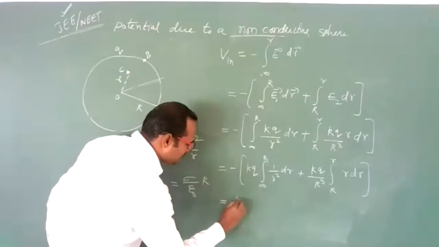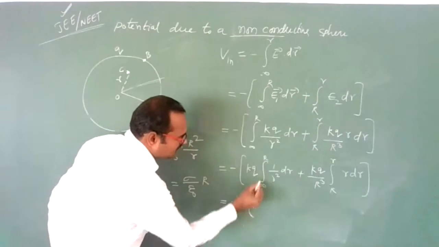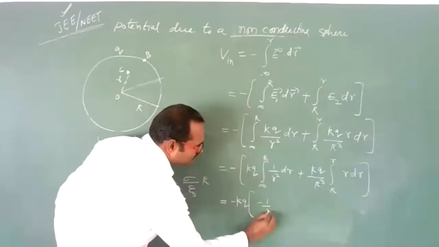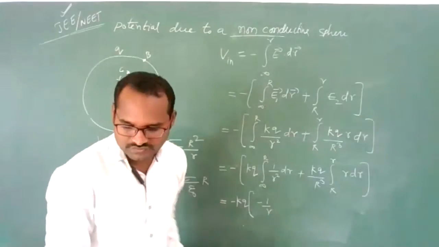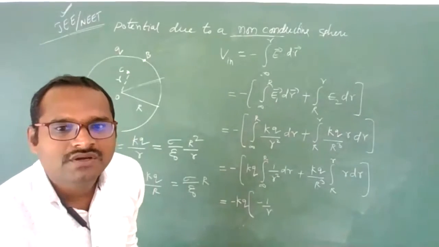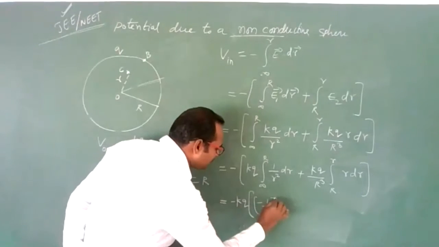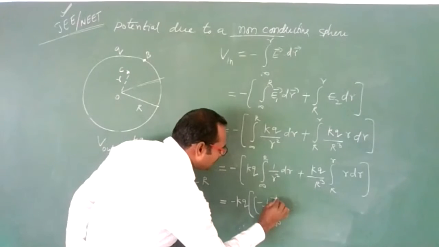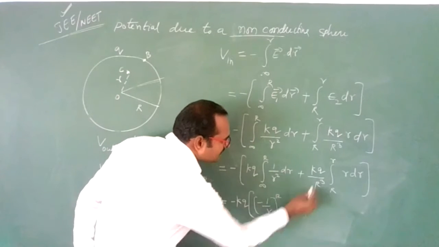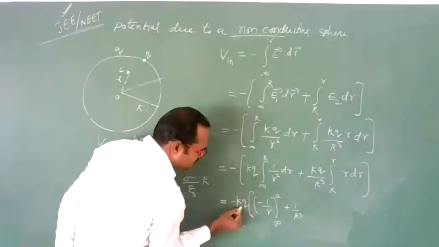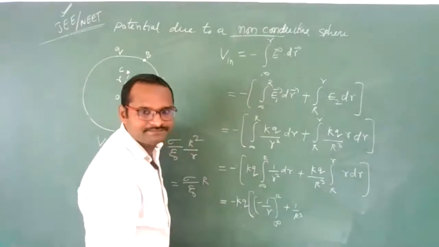Yes, minus KQ. Integration of 1 by r square dr is minus 1 by r, as you know, and these limits are from infinity to capital R. Plus, here 1 by r cube is there still, because KQ is taken out of the bracket.